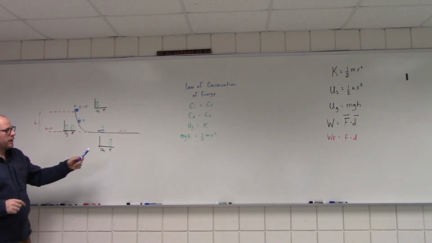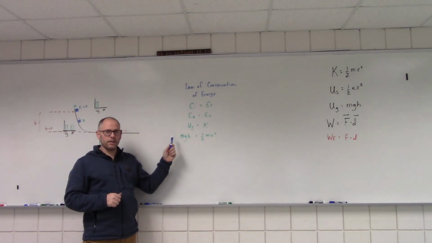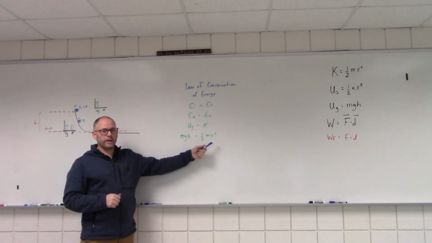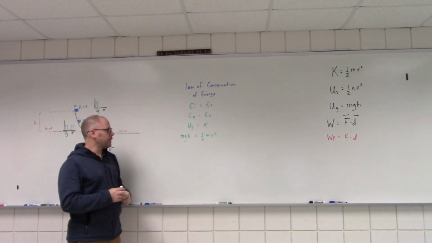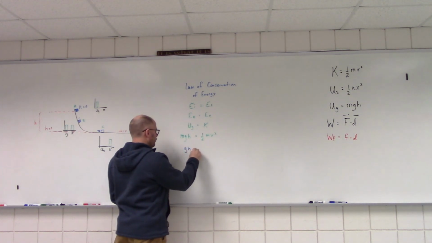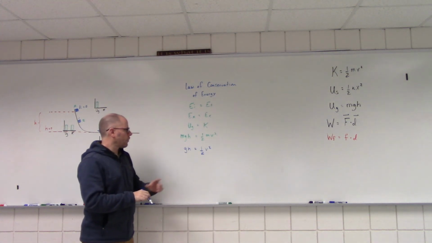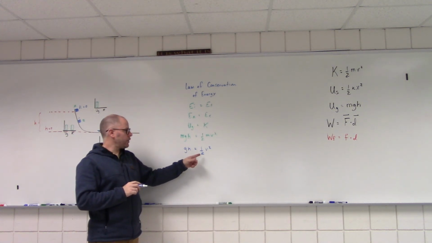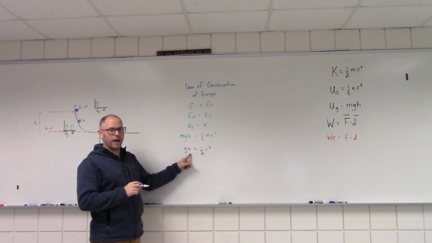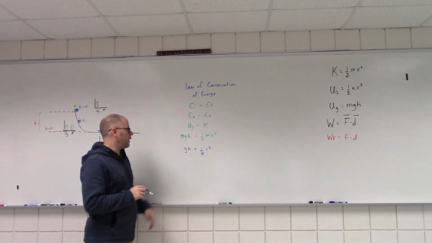Well, what I notice is that because there's an m on the left side and an m on the right side, we could Harry Potter these things away, and we realize that the speed here is really interesting because it only relies on the height. The actual mass doesn't matter, which is kind of a great thing.